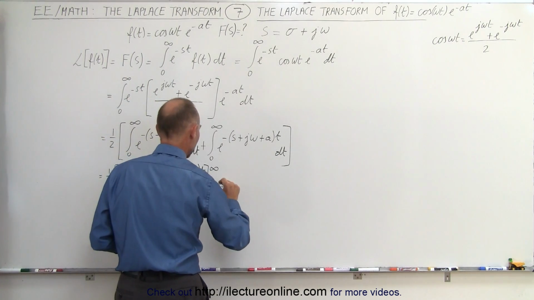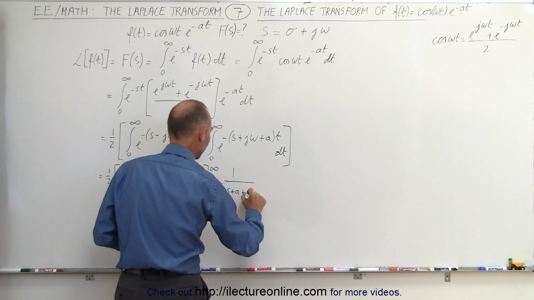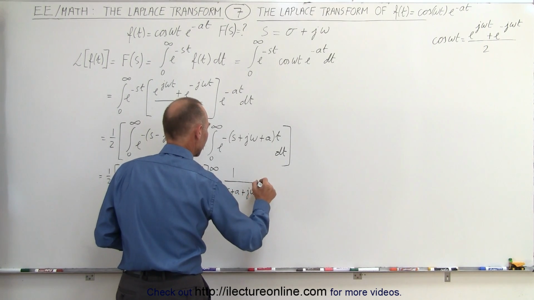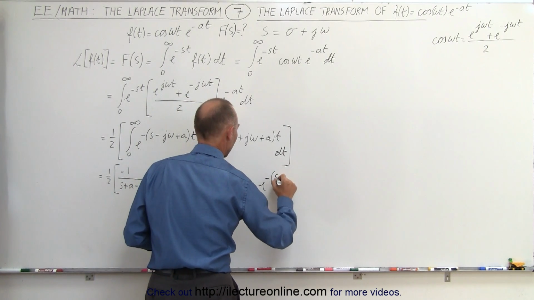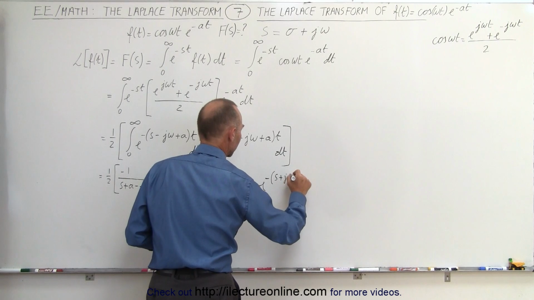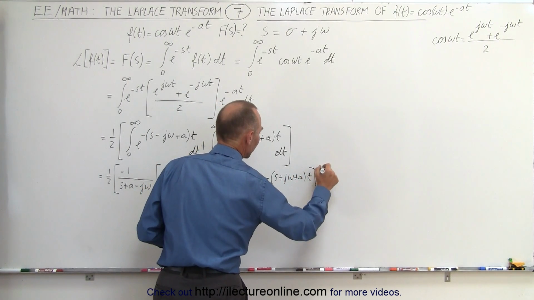Then we get minus 1 over s plus a plus j omega times e to the minus s plus j omega plus a times t, evaluated from 0 to infinity.